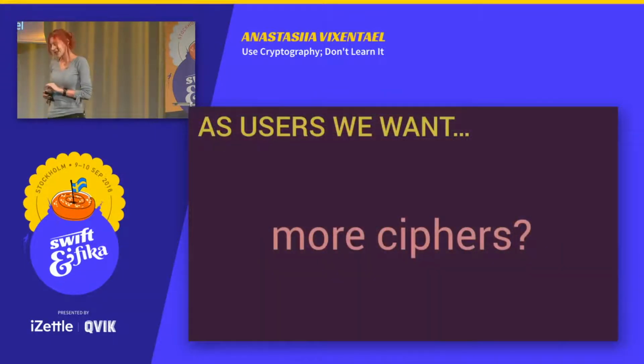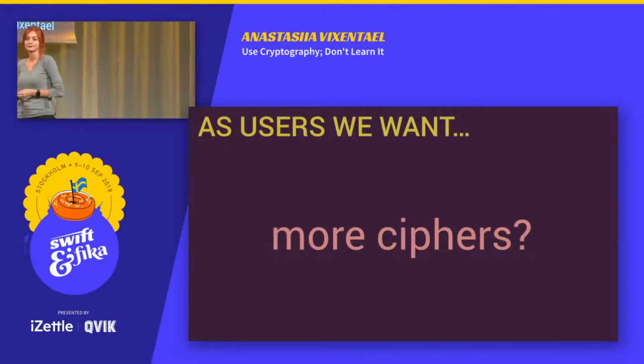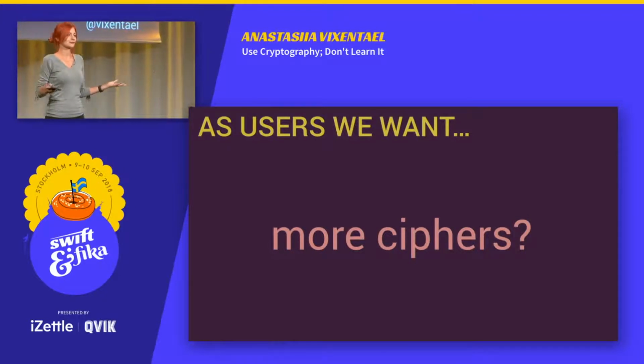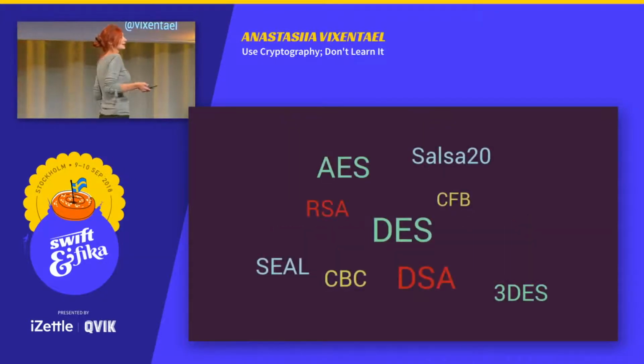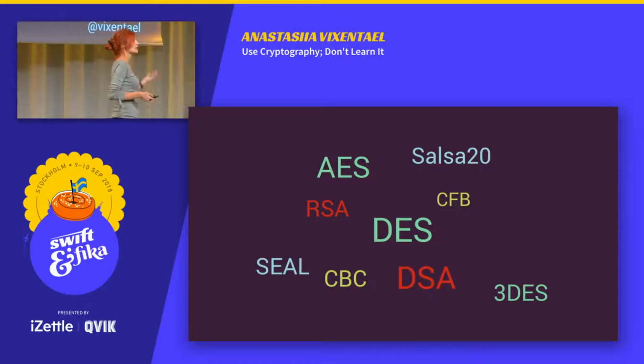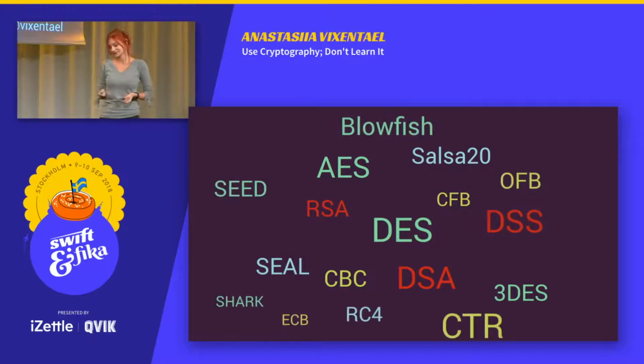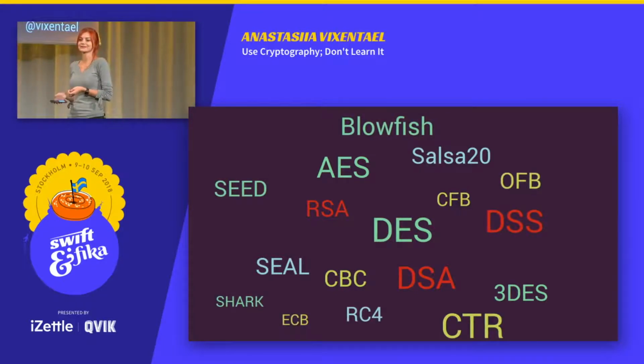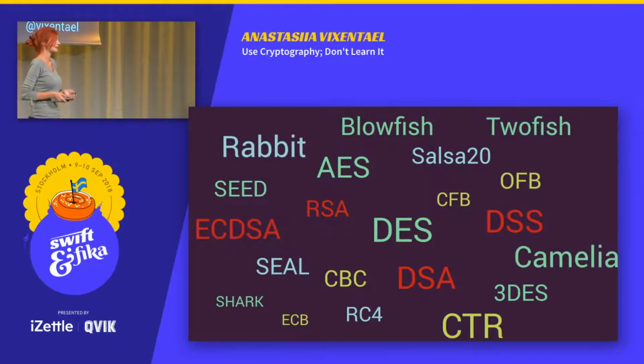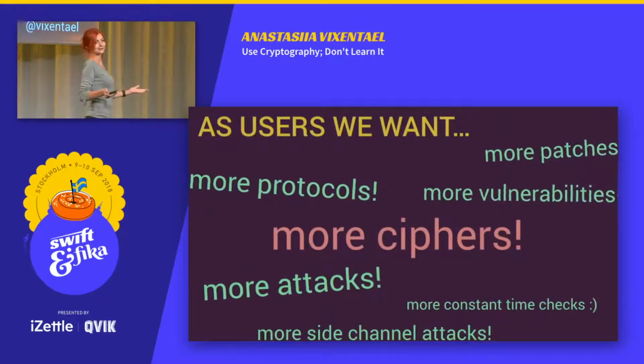So, as users, what do we want? Do we want more ciphers, like having a cipher for each task we are solving? Like this, or like this, or even like this. That's so exciting.